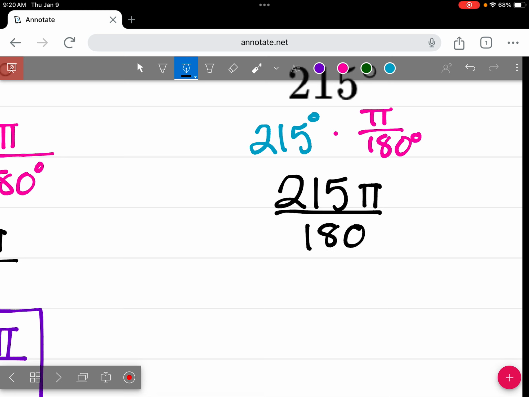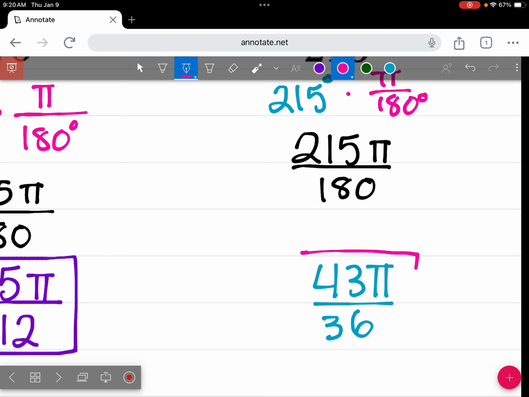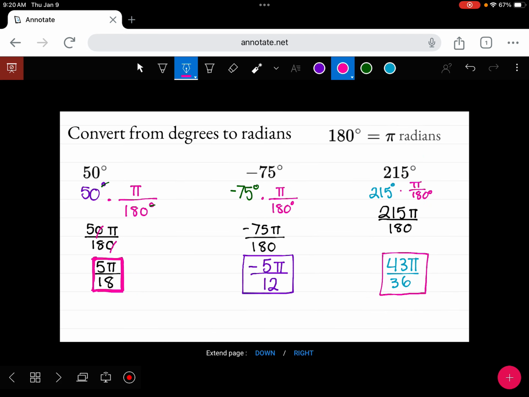And what does that simplify down to? 43 pi. Gorgeousness. 43 pi over 36. So they're not pretty. We still wind up with pies and fractions and kind of icky looking things. But that's how they look.